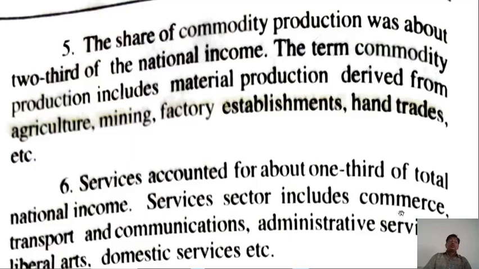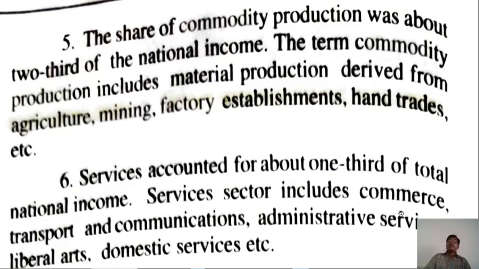Fifth, the share of commodity production was about two-thirds of national income. The term commodity production includes the material production derived from agriculture, mining, factory establishments, hand trades, etc. This was the more important two-thirds of the national product at that time.